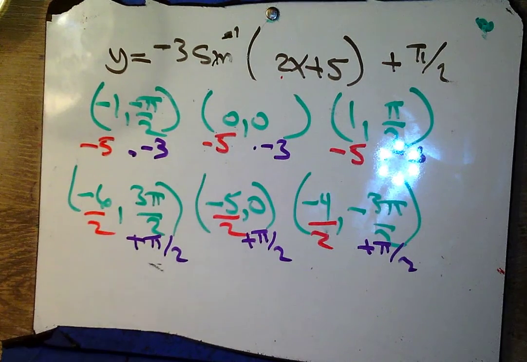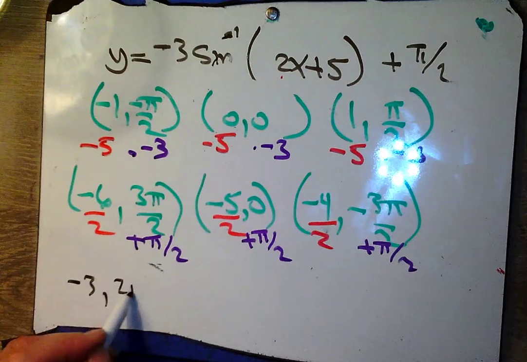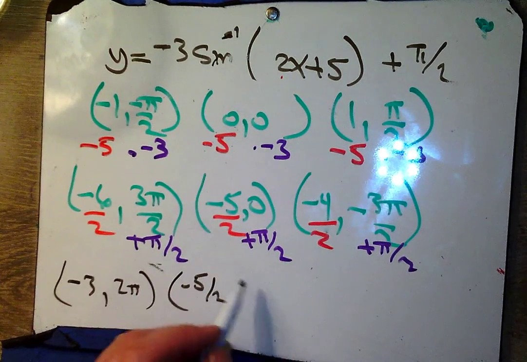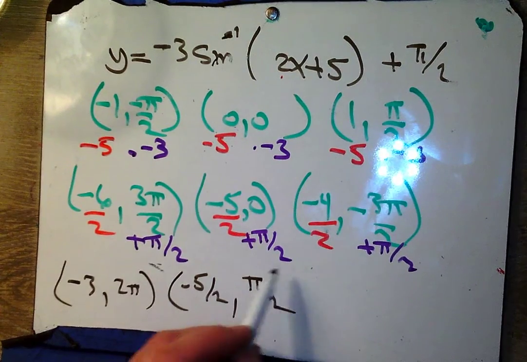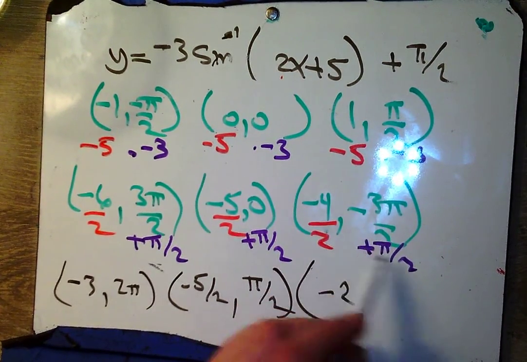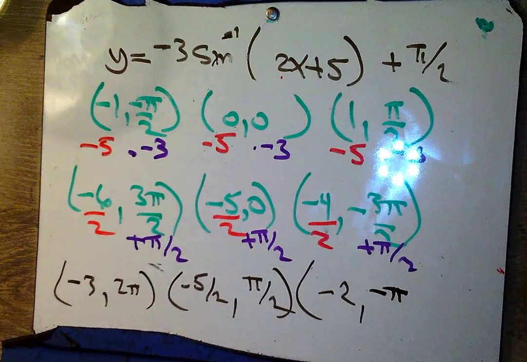Okay, so I'm going to end up with -3, 4 pi over 2, which is 2 pi, -5 halves, pi over 2, and -2. -3 pi over 2 plus 1 pi over 2 is -2 pi over 2, which is negative pi.